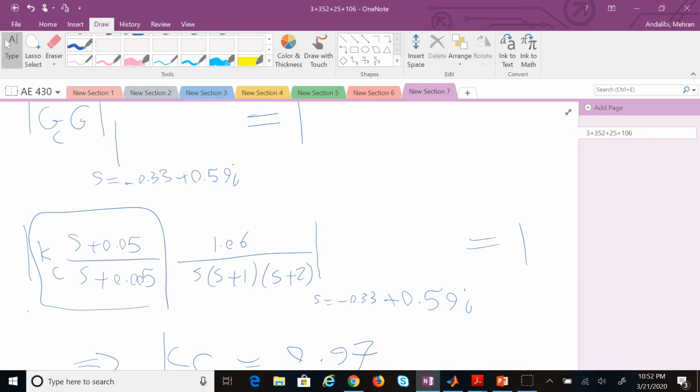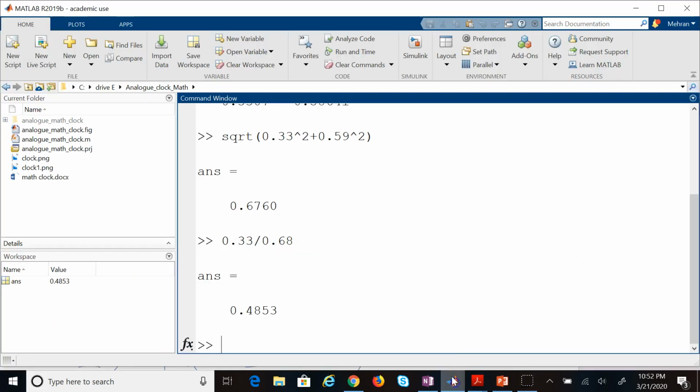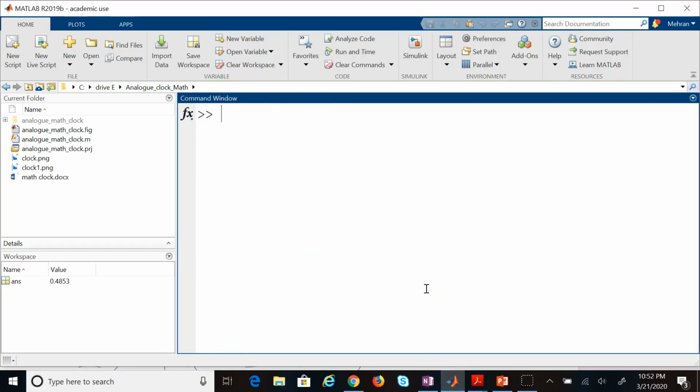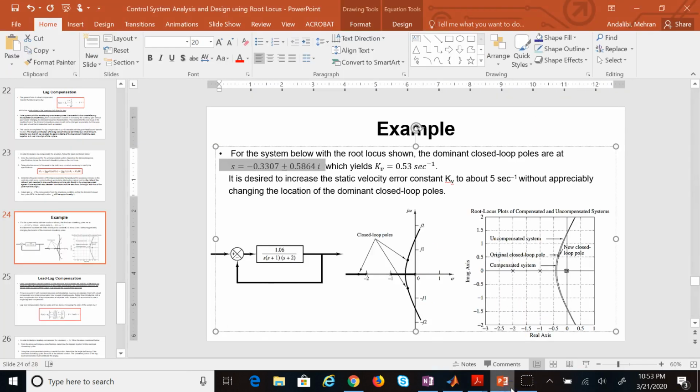Okay, so the original system, if I come back here, I say draw for me the root locus of, and also I guess the problem is asking about their responses, right? Doesn't it say so?